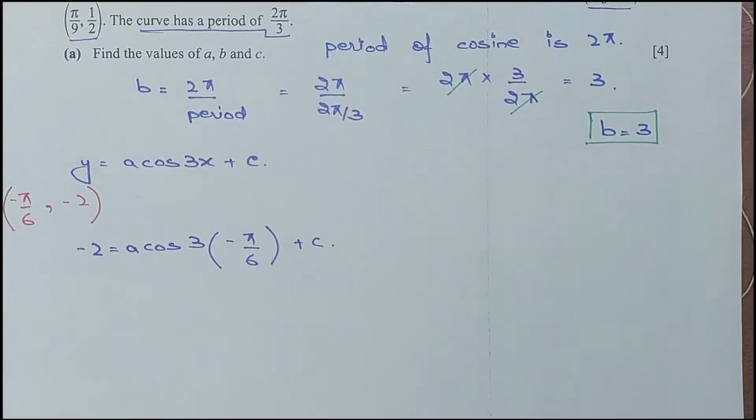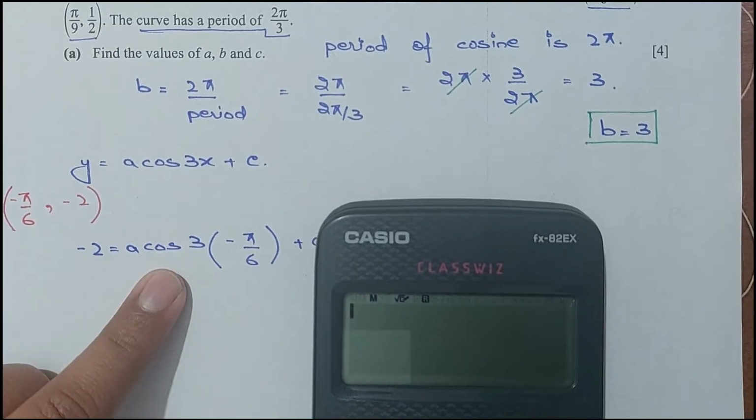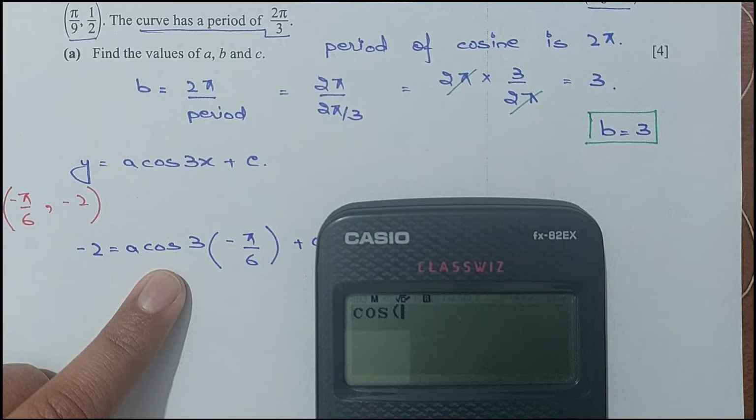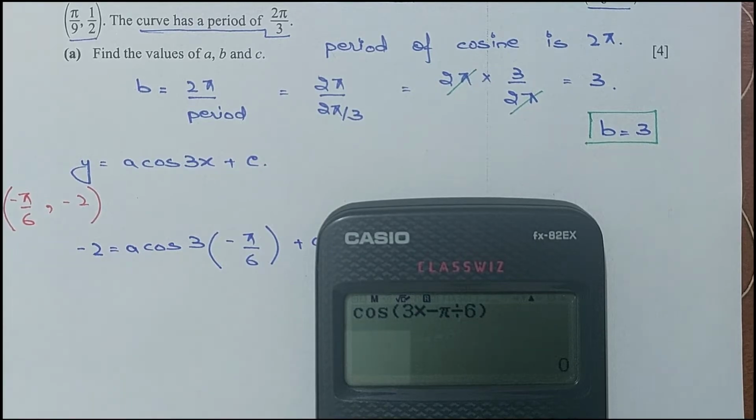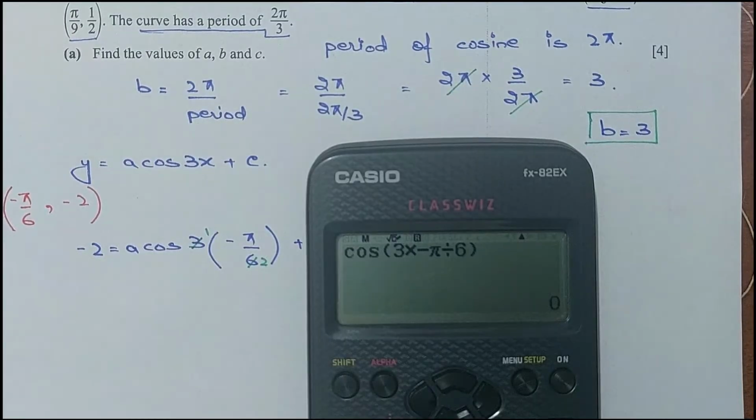Just simplify. Let me use a calculator. It is in radian mode. Now we have cos of 3 times minus pi by 6. 3 times 1 is 3, 3 times 6 is 18, so it is cos of minus pi by 2, which is 0.